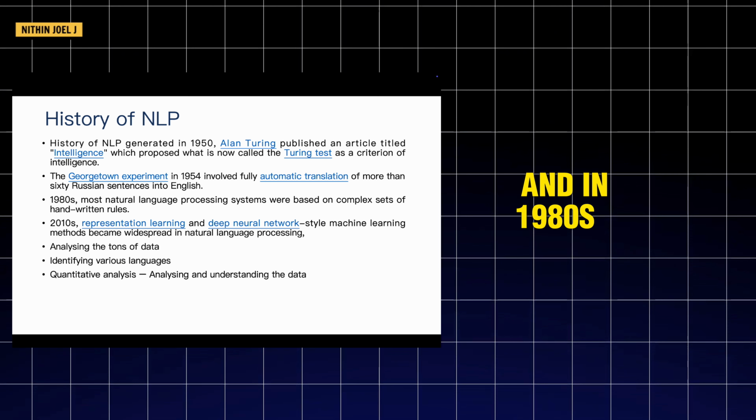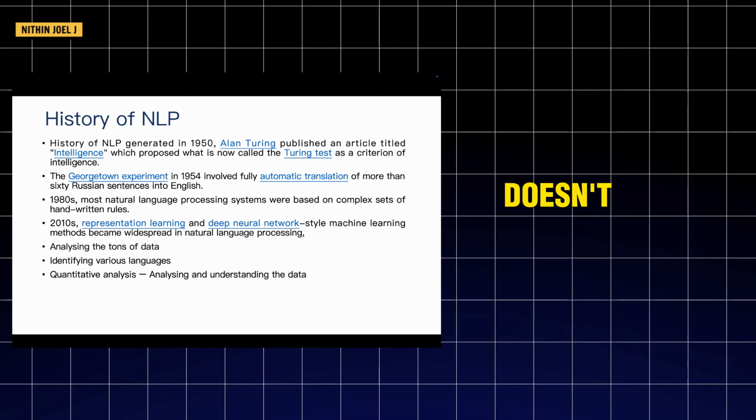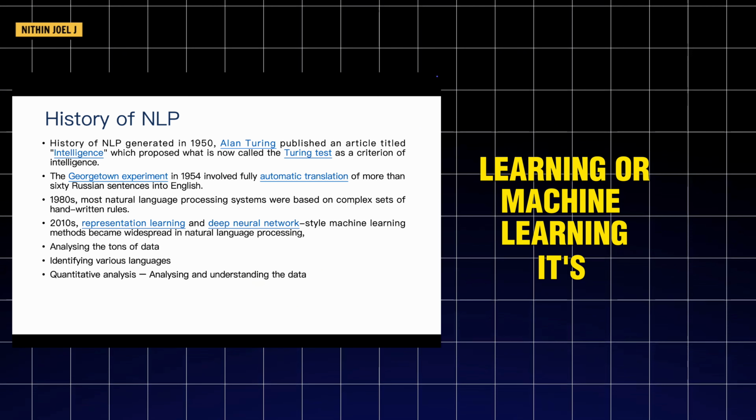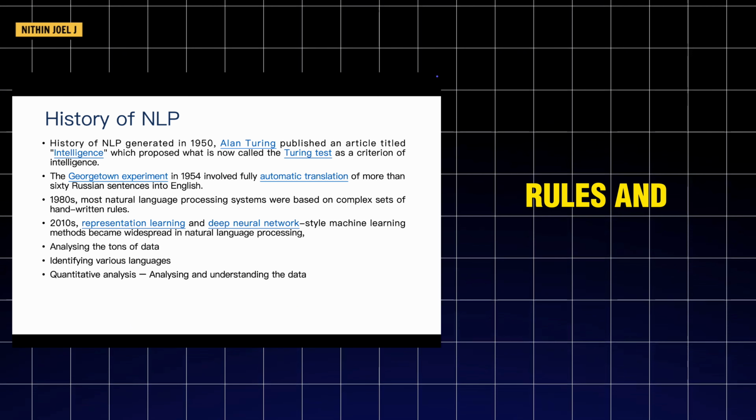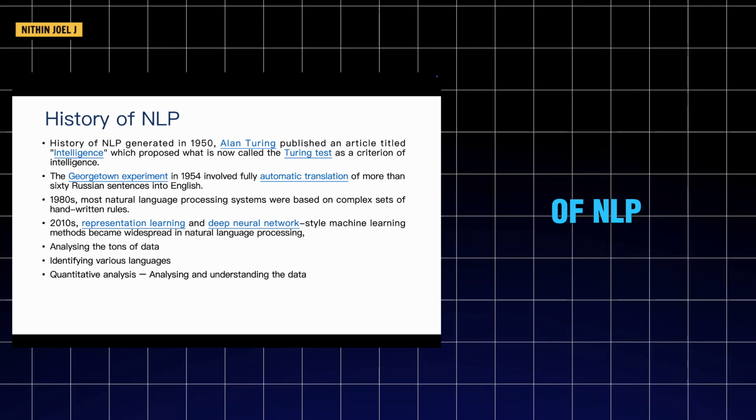In the 1980s, most of the NLP systems were based on complex sets of handwritten rules, without any deep learning or machine learning. It's full of handwritten rules. And in 2010, deep neural networks were initiated, and machine learning methods became widespread in natural language processing. And this is a short history of NLP.